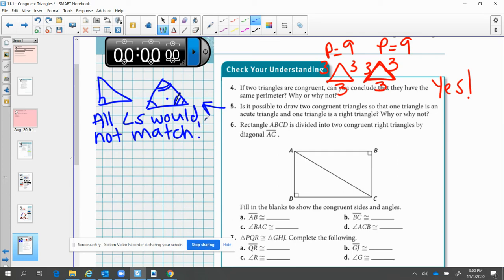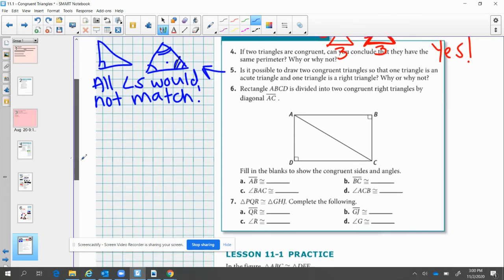Okay. Number 6 and number 7 are really important. This is kind of the nitty-gritty of what you need to be able to do today. They're telling us we have rectangle ABCD divided into 2 congruent pieces. So if we look at this, we know that these pieces would be congruent, the side pieces would be congruent, and then the diagonal would kind of have to be congruent to itself, right?